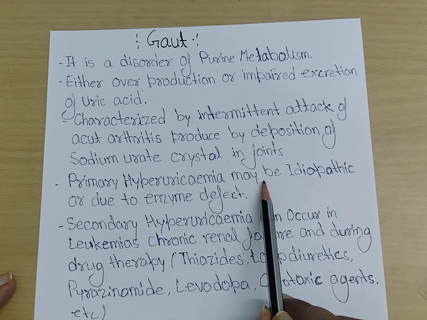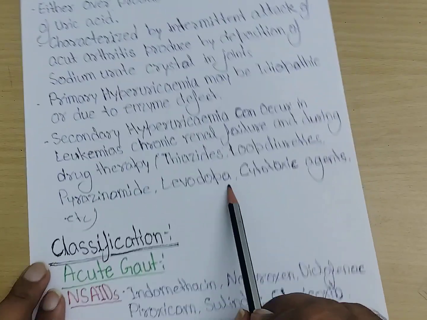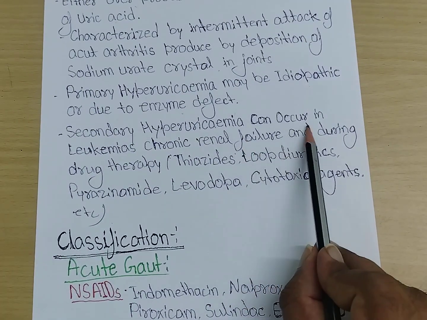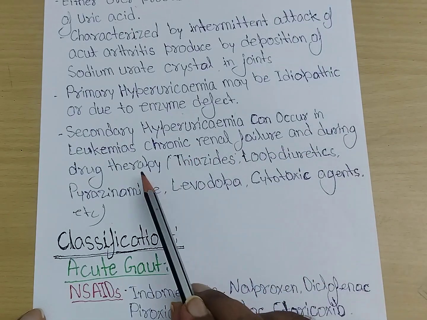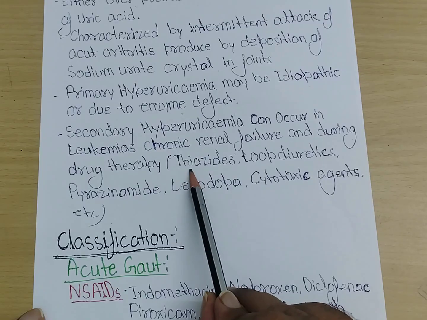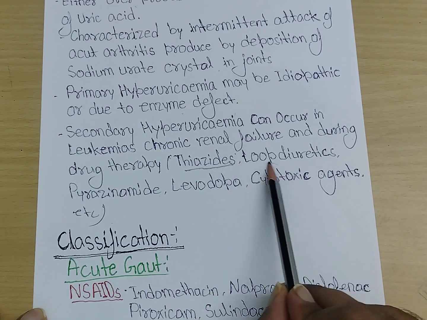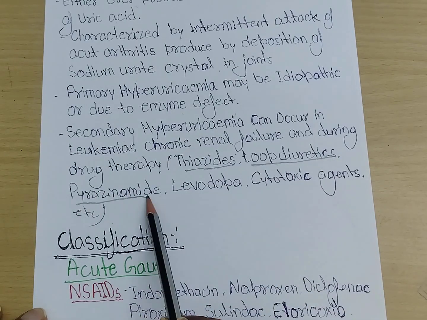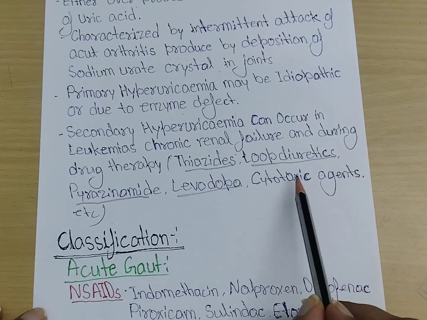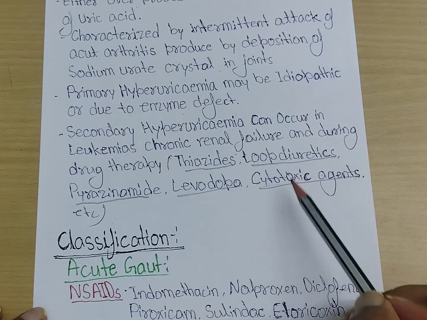Primary hyperuricemia may be idiopathic or due to an enzyme defect. Secondary hyperuricemia can occur in leukemia, chronic renal failure, and during drug therapy. Example drugs are thiazide, loop diuretics, pyrazinamide, levodopa, and cytotoxic agents as used in cancer.